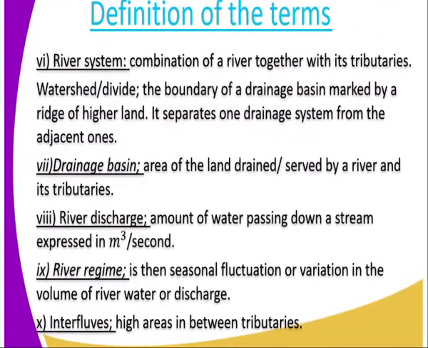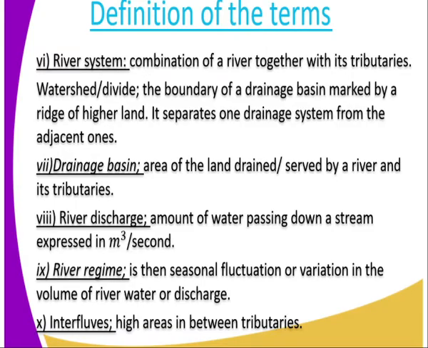So we have the river system. That is what I want to define, whatever you have seen there. This is the combination of a river together with its tributaries. The next one is the watershed or the divide. This is the boundary of a drainage basin marked by the ridge of higher land.